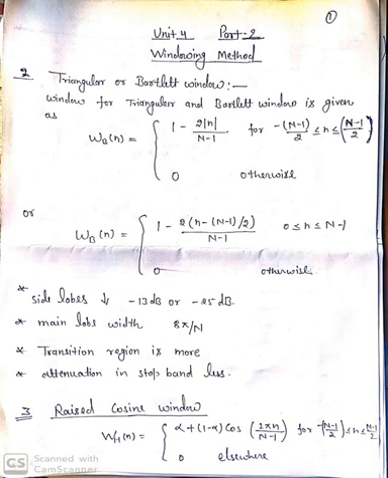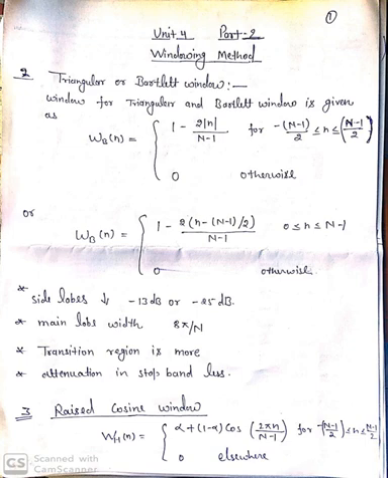Now come to the second window, the triangular or Bartlett window. The triangular window has been chosen such that it has a tapered sequence from the middle on either side. The window function w(n) with suffix b is denoted as the Bartlett window, or we may replace b with capital T for the triangular window.